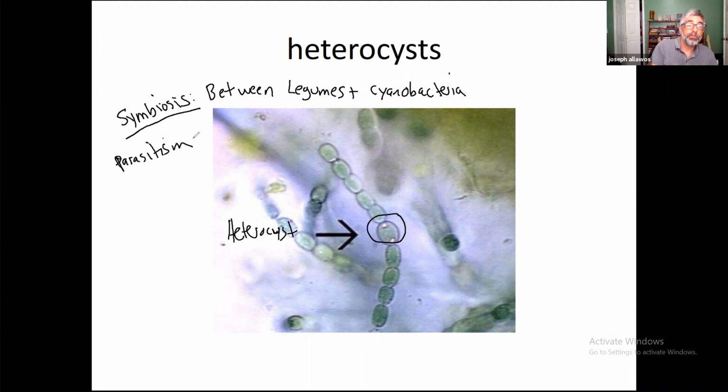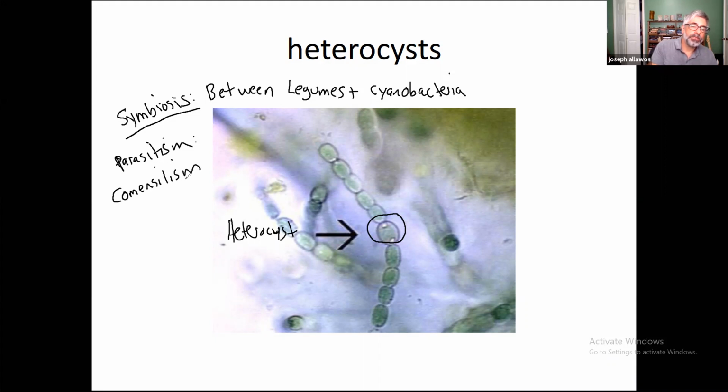And in a parasitism, well, what do you know? One benefits at the expense of the other, right? The point is that this word symbiosis does not tell you anything about the nature of the relationship. It just means there's two different species of organisms that are living together. By living together, we mean they're physically touching one another, okay? So parasitism is an example of a symbiosis. There's one called commensalism.